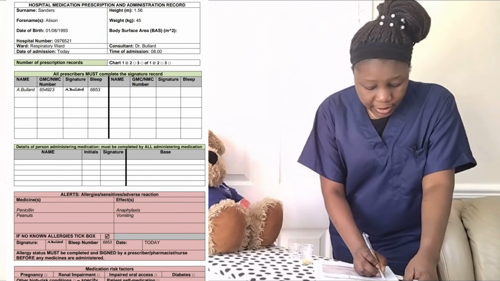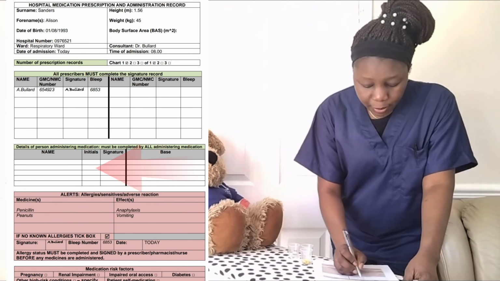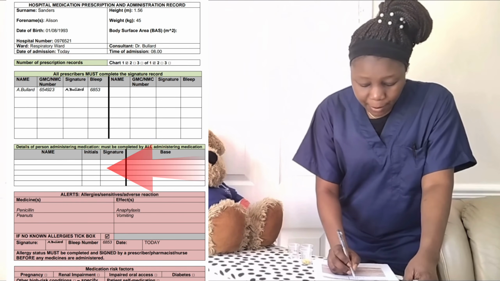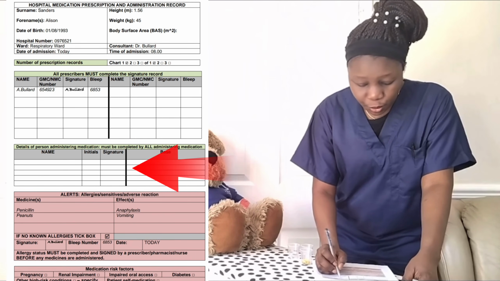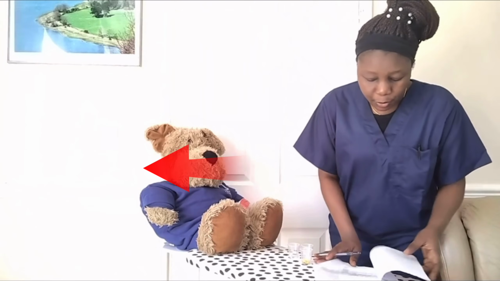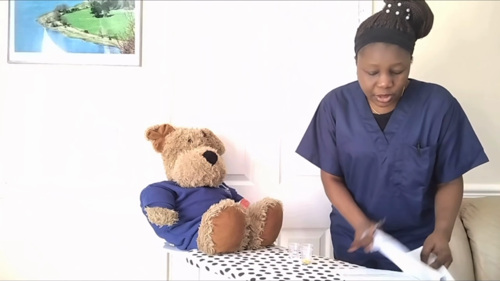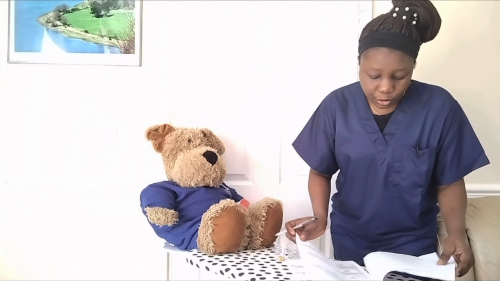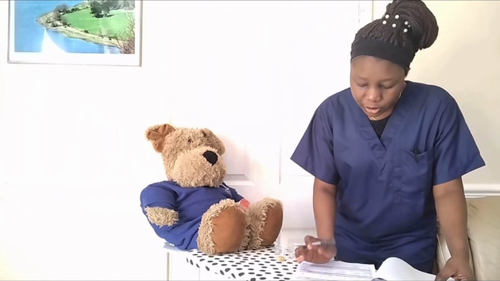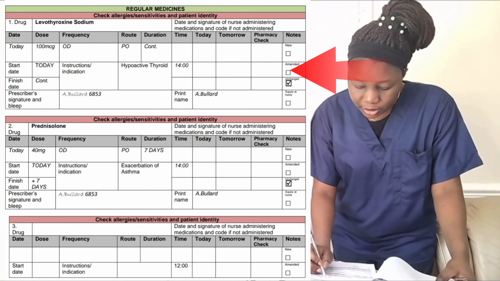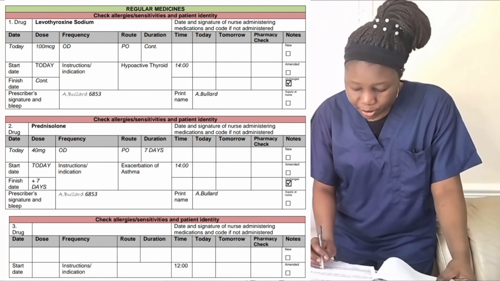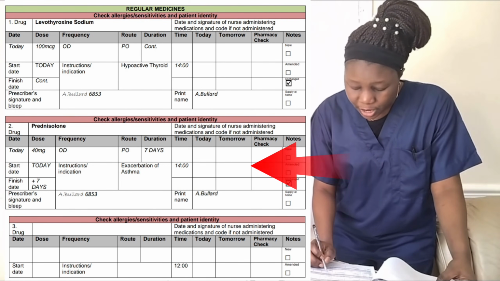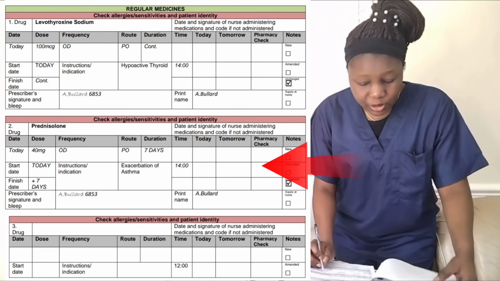So I put my name, and then my initials and my signature, and the base is respiratory ward. Okay, so I'm going to be putting my signature and the date in front of levothyroxine. And for prednisolone for 1400, I put my signature and I put the date as well.